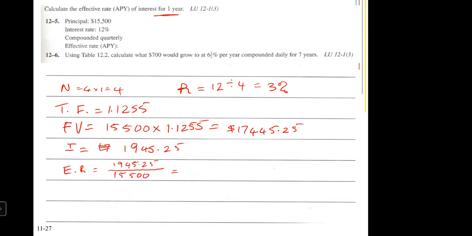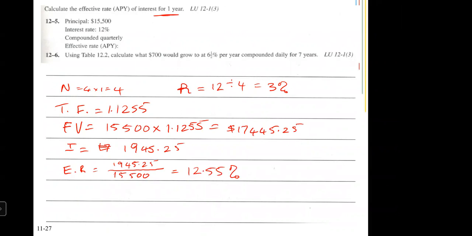That gives 0.1255. Okay, and so when you change that to a percentage, what do you get? 12.55%.